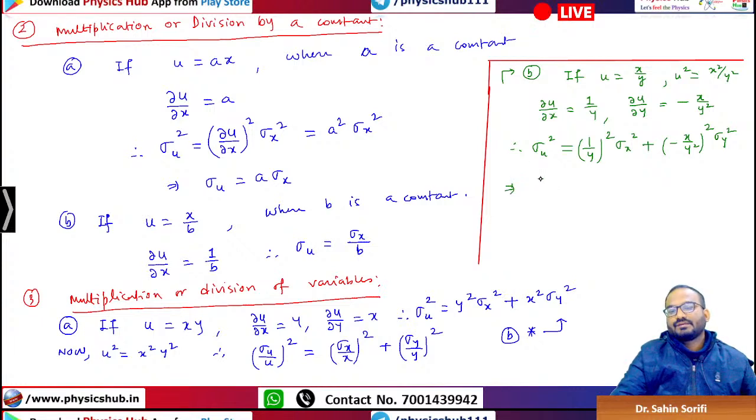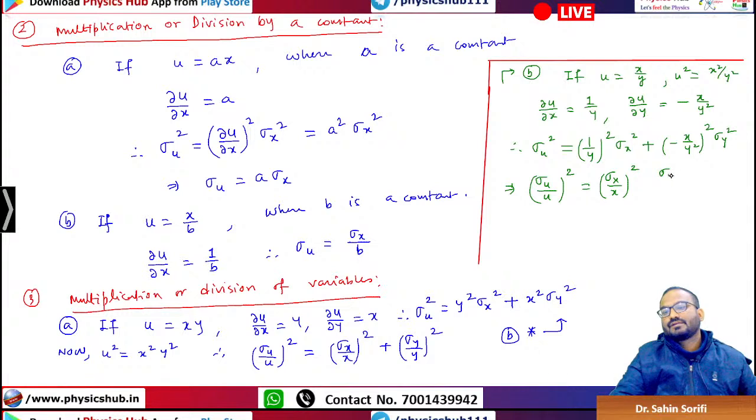So, we can write sigma u by u whole square is equal to sigma x by x whole square plus sigma y by y whole square.